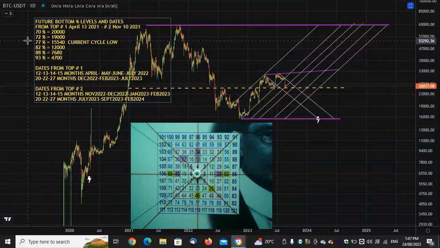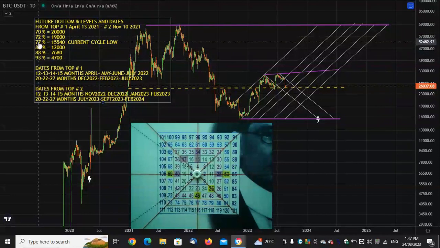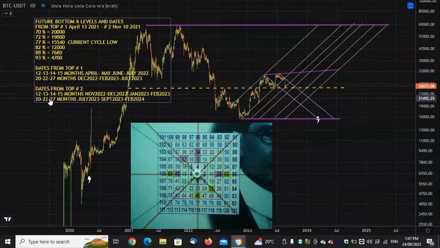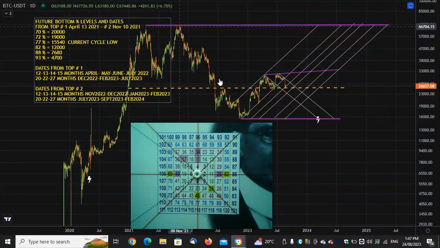However, I have recorded all the previous tops and bottoms, the percentage levels for the last 12 years, and the counts from those tops to find the bottoms from all these past tops. So I've just populated them from this top here and this top here, and we're going to count forward and see how well this count has continued forward with our percentage levels here, and take a look at that.